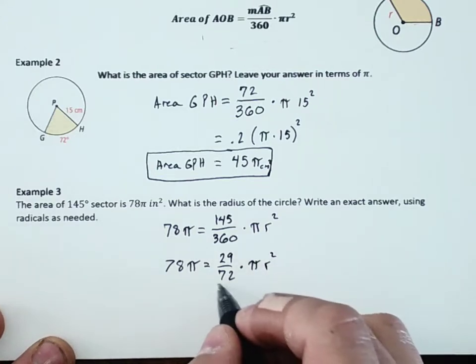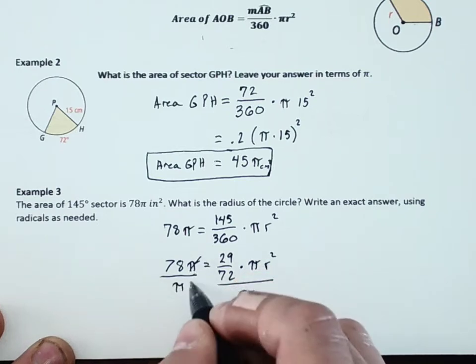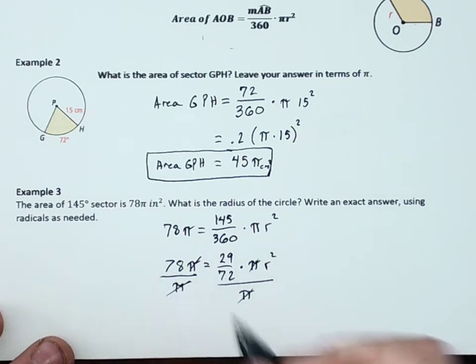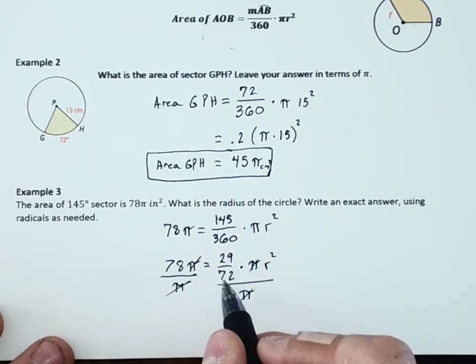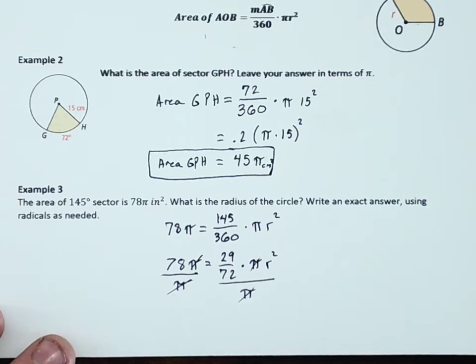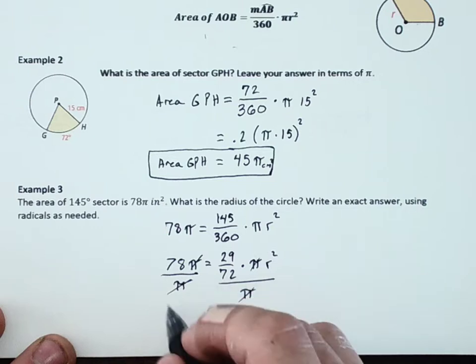I'm going to divide both sides by pi, and that pi goes away, and that pi goes away. And then I'm going to multiply 78 by 72. So I'm going to multiply that 72 over. So 78 times 72 is 5,616.